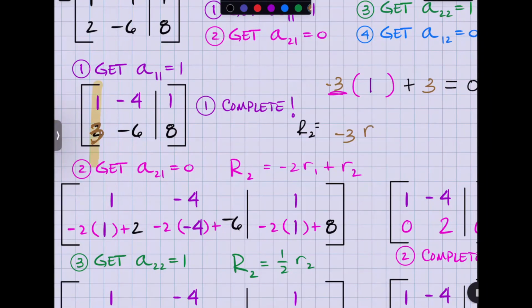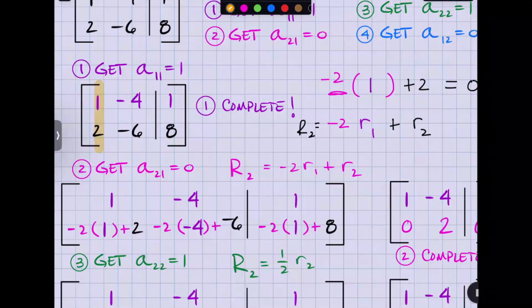It came from row 1. Where did the 3 come from? There's my equation. Because all of these numbers are coming from this right here. I'm using this 1 to make that a 0. And then whatever happens along the way, it happens. But my goal is to make that a 0. Everything else is going to change based on that.